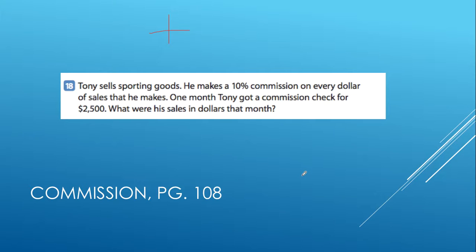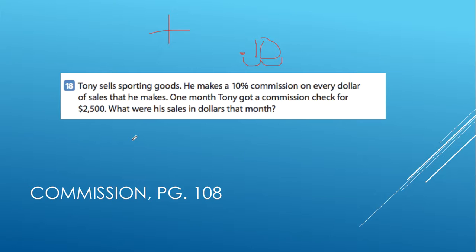Okay, so here we have the total sale, or we get his sales commission. So what we need to know is that he gets 10% commission. Okay, so 10%, we're going to change that again to a decimal. We're going to move 2 places, put it as 0.10.